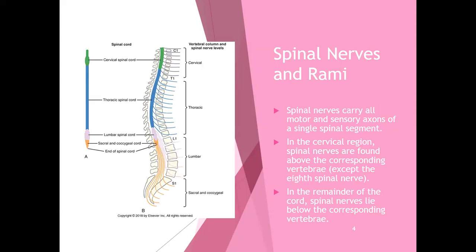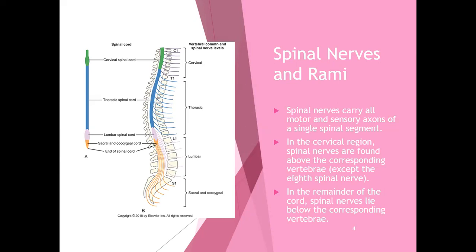The spinal nerves carry all of the motor and sensory axons in a single spinal segment. So the spinal nerve roots. In the cervical region, the spinal nerves are found above the corresponding vertebra, except the eighth spinal nerve, because as we know, there is no eighth cervical vertebra.